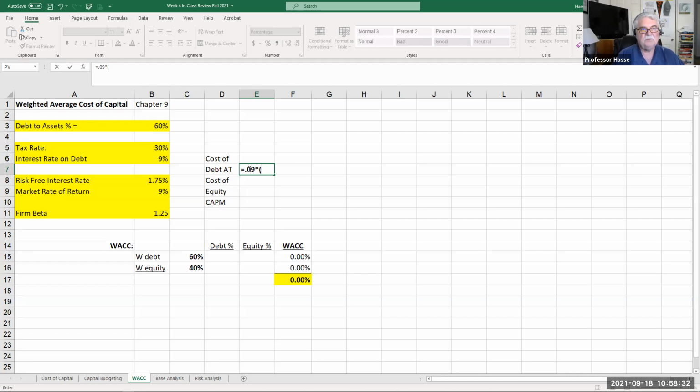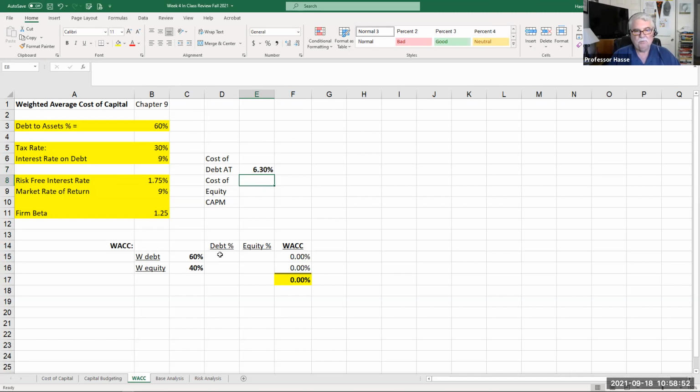If our tax rate is 30%, 1 minus our tax rate is 0.7. Our after-tax cost is 6.3%. So we're paying 9% on our money. We get a tax deduction of 30% of that as a tax rate. So our after-tax cost of debt is 6.3.